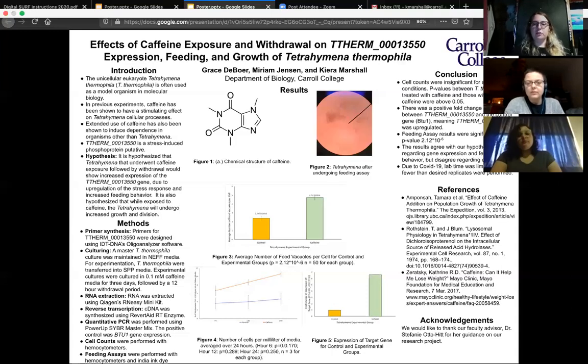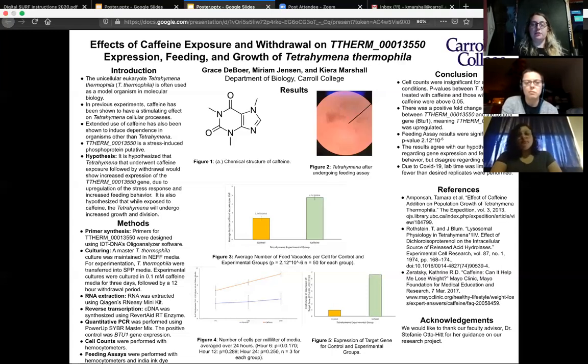Based on our results, we can reach several conclusions. The cell counts were insignificant at all 3 of their time conditions due to their p-values being higher than 0.05. There was a positive fold change value between our target gene, T-therm, and our control gene, BTU1, meaning that our target gene was upregulated within the caffeine-treated Tetrahymena.